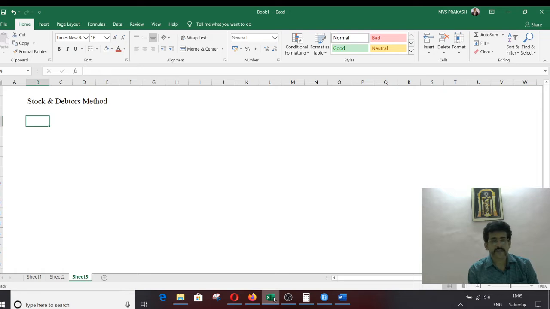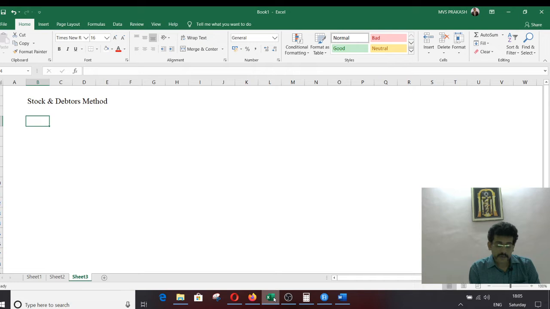So a total of 7 accounts may be required in your stock and debtors method. It's very easy. Earlier you were putting everything in one account, calculating the profit in the branch account. Now, instead of putting everything in one account, you prepare different accounts. Finally you will get the branch profit in the branch profit and loss account.